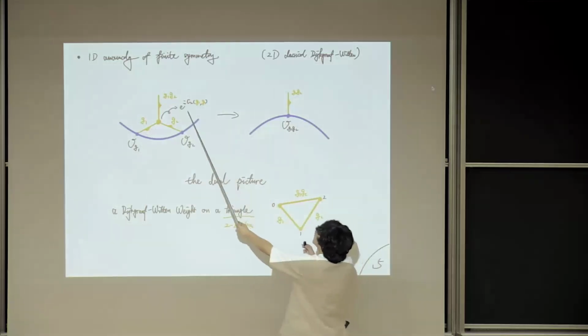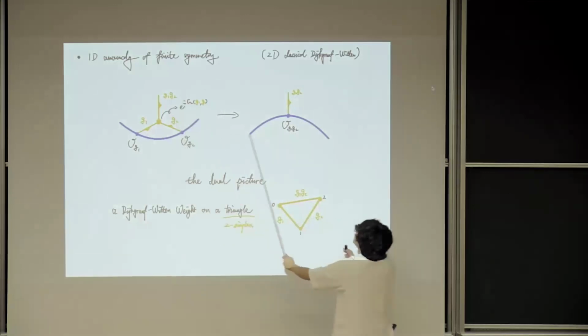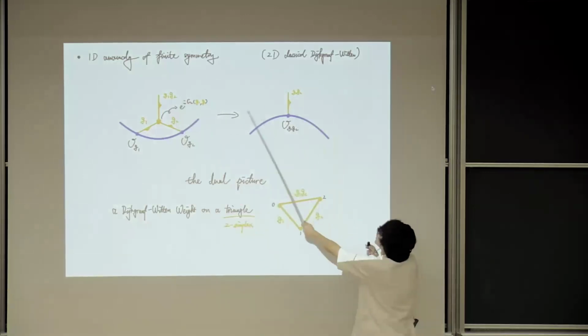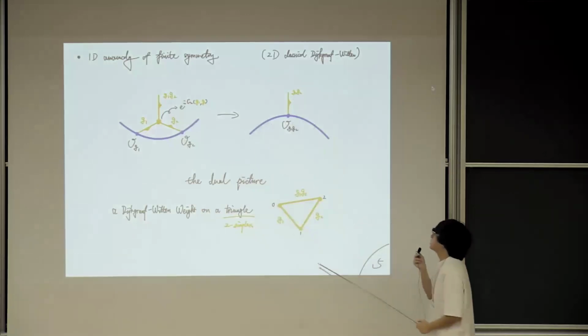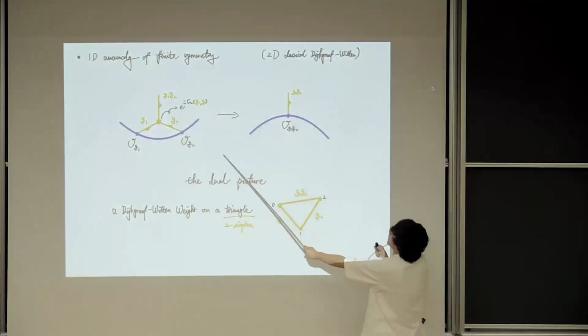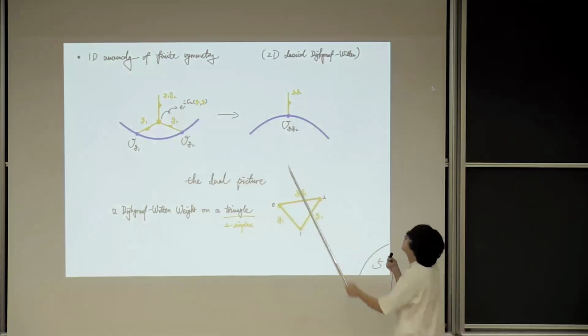So if we push this phase across this vertex, then we obtain some phase factor when we do this transformation. So this is precisely the anomaly inflow picture for this 1D anomaly.